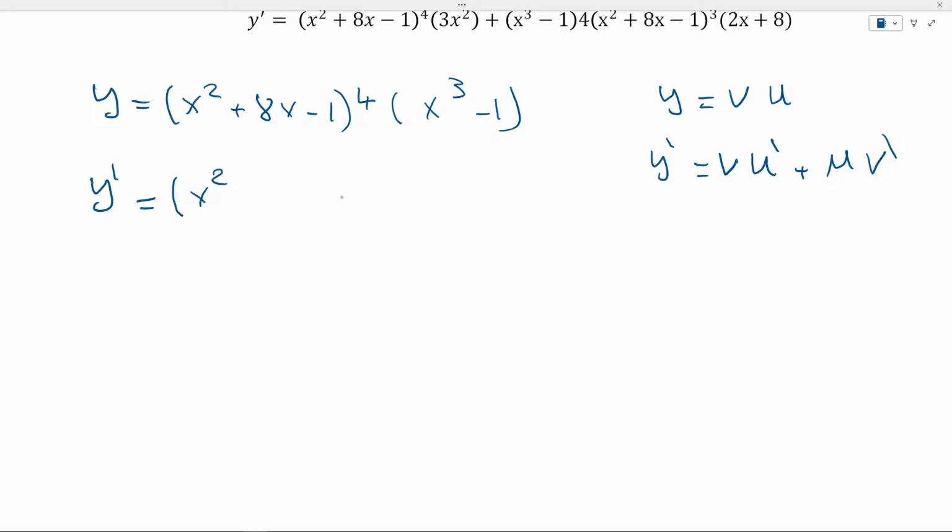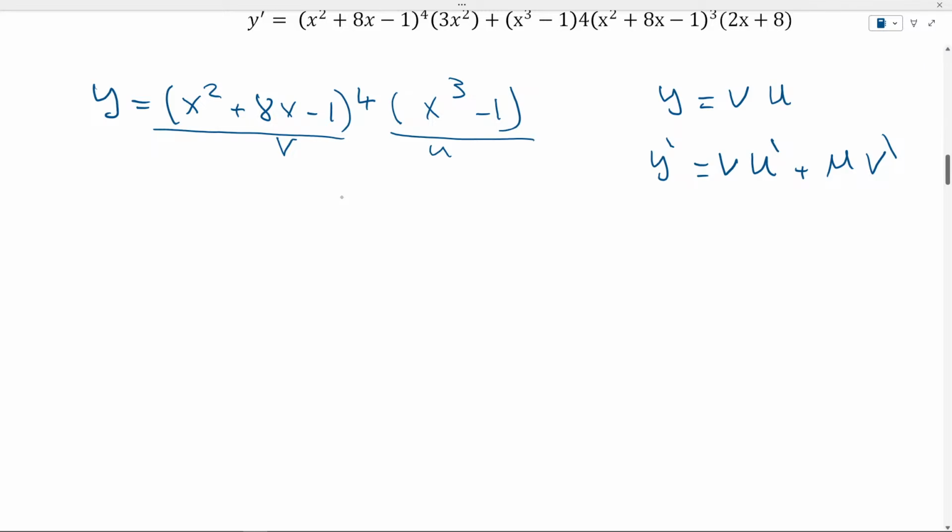So my first function times the derivative of the second function, my second function times the derivative of the first function. So here, this is my first function, and this is my second. Okay, so let's do it.